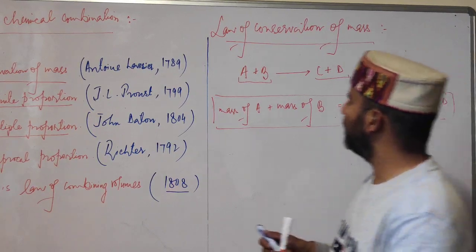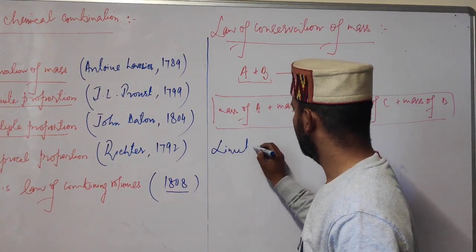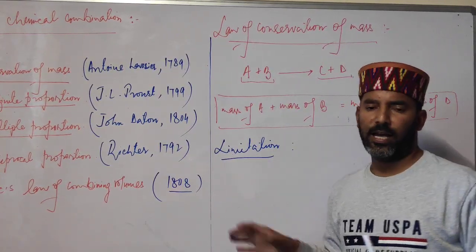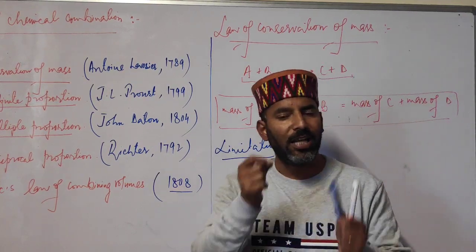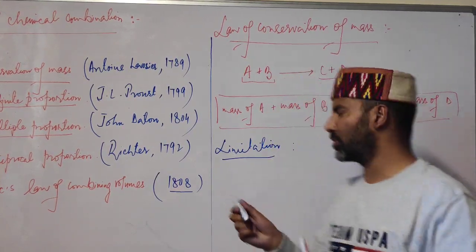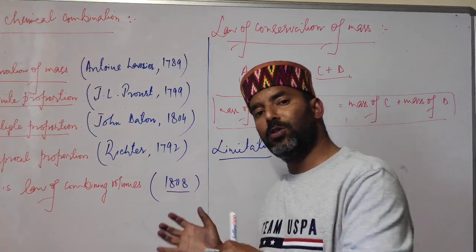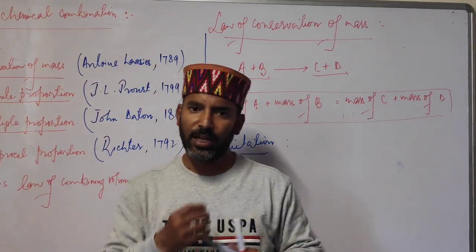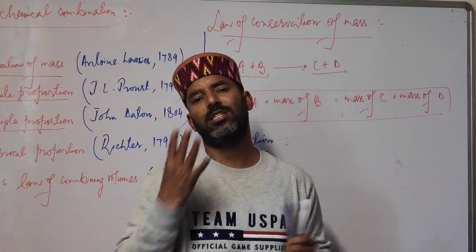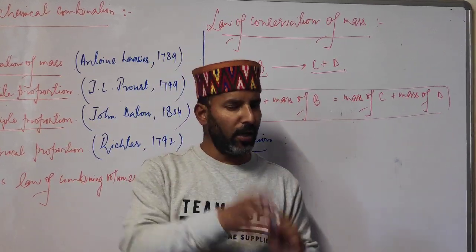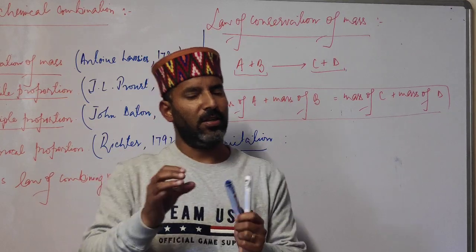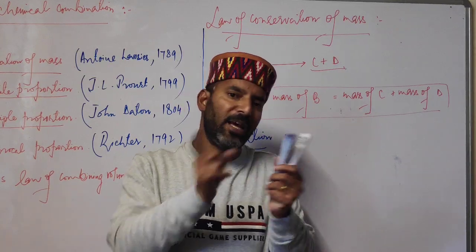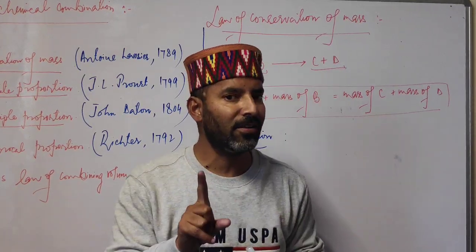Now students, there is a limitation also. This law is applicable for all chemical reactions, but students, this law does not apply to nuclear reactions. This law does not apply to nuclear reactions because students, you must have learned in say class 10 also that in nuclear reactions there is some mass defect. That means during a nuclear reaction a certain mass is converted into what? Energy, which means energy may remain conserved in nuclear reactions but not mass.